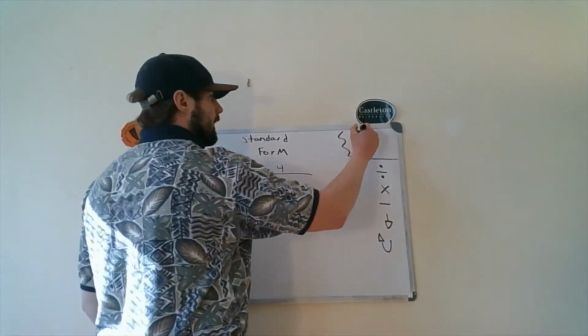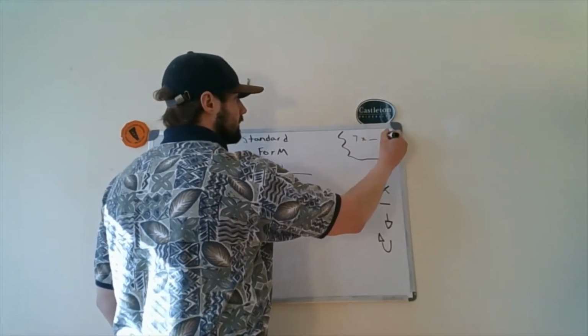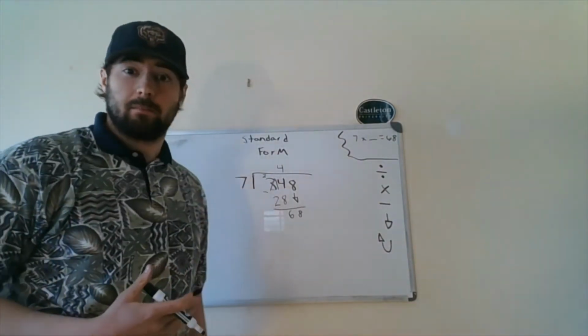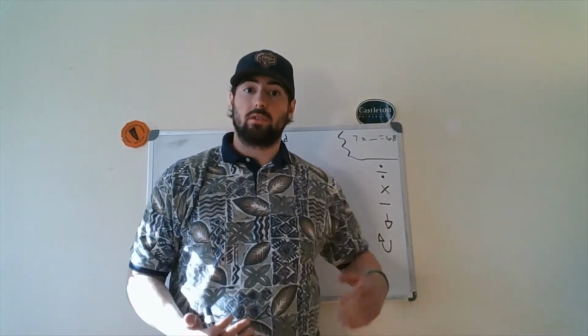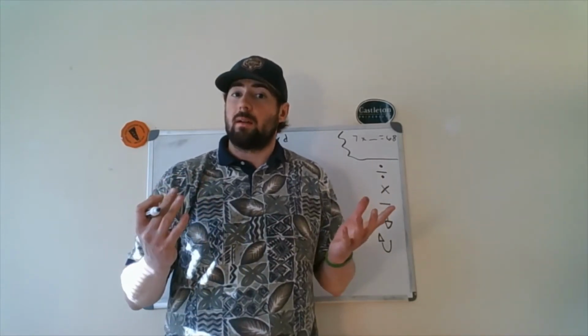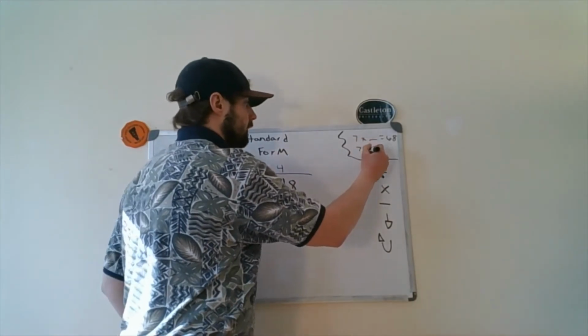So in my brain, I'm thinking 7 times what number is going to give me 68? 68 is a big number. So again, I could use a strategy. I could skip count. I could use my place value chart. But I could also think with numbers I know. I know 7 times 10 is what, guys?